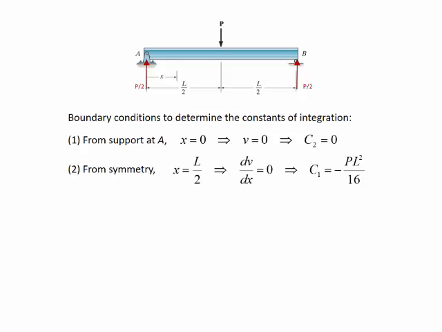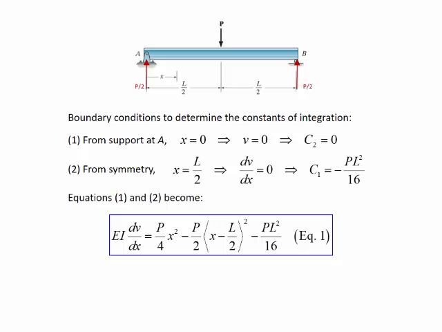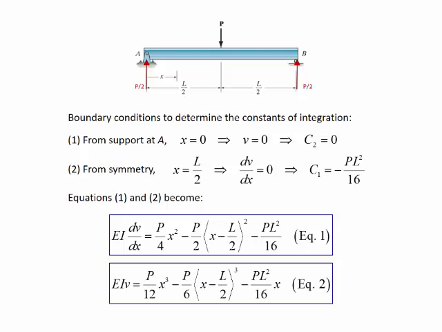So therefore, at x equal L over 2, we have that the slope is equal to 0. We substitute that into equation 1, and we find the value of the constant of integration 1 as minus PL squared over 16.